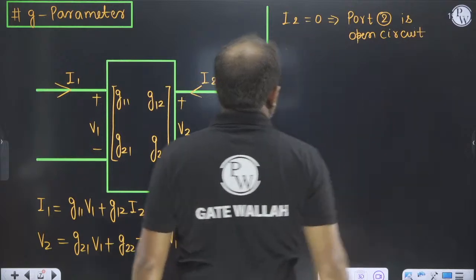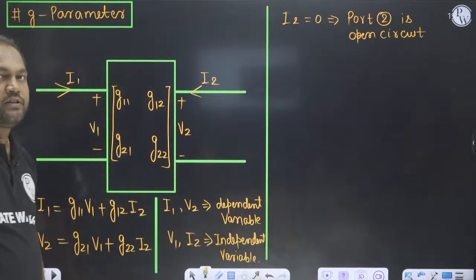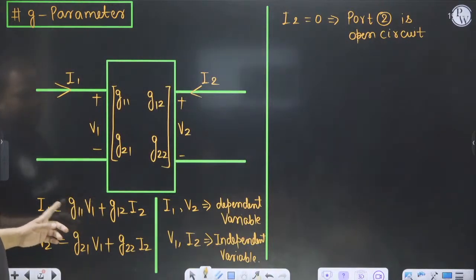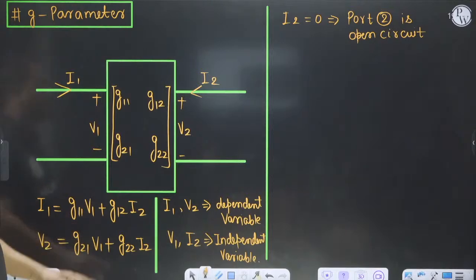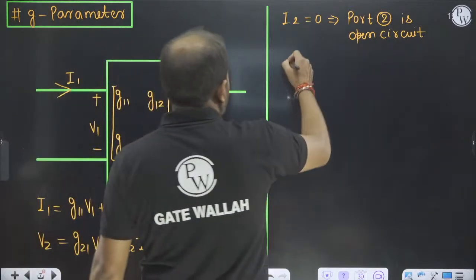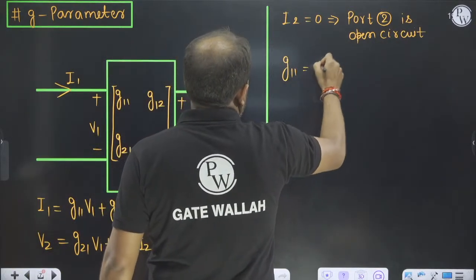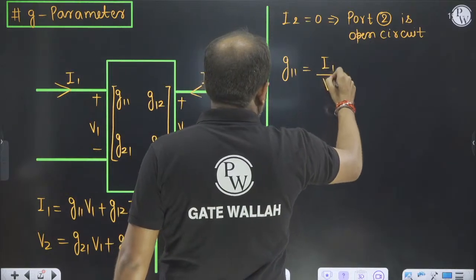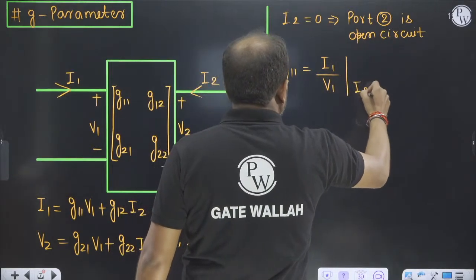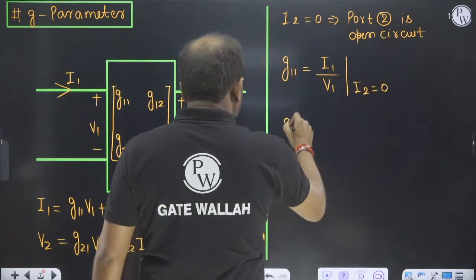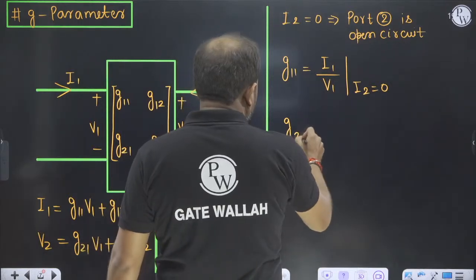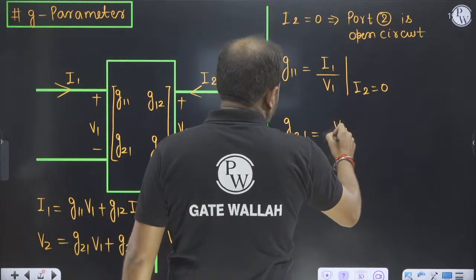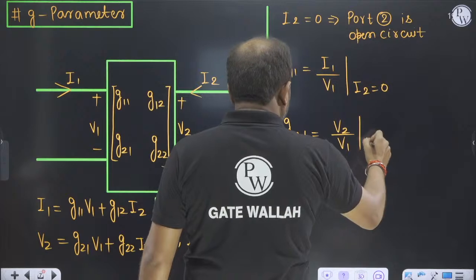If port 2 is open circuit, then what are we going to get? I1 by V1 and V2 by V1. So G11 is I1 by V1 with I2 equal to 0, and G21 is V2 by V1 with I2 equal to 0.